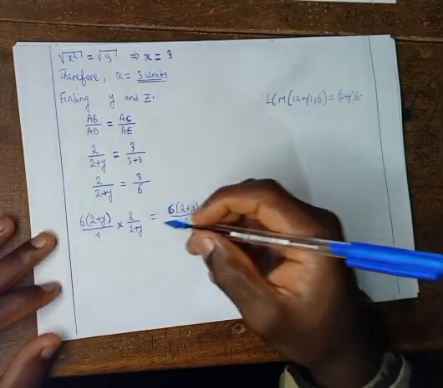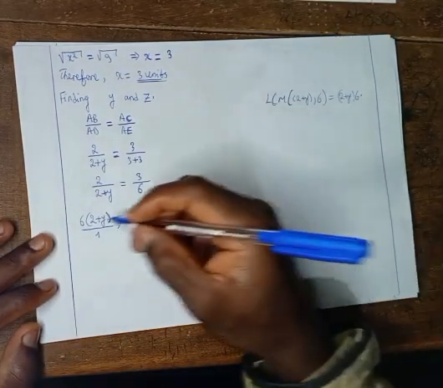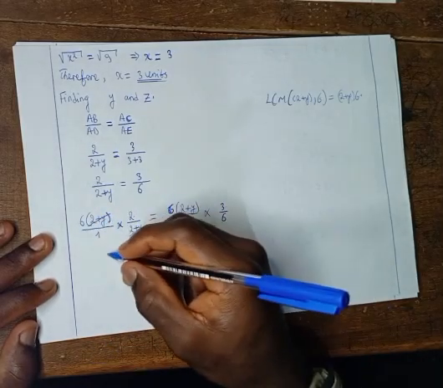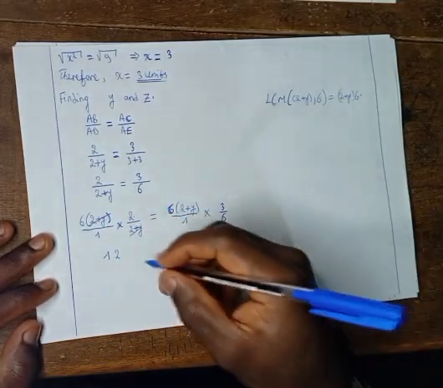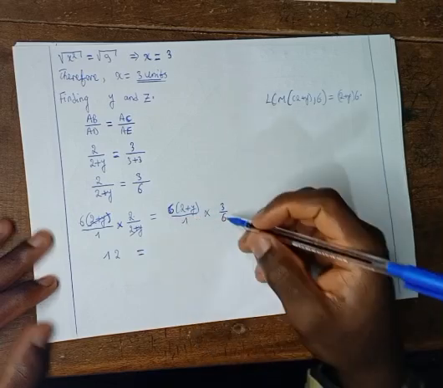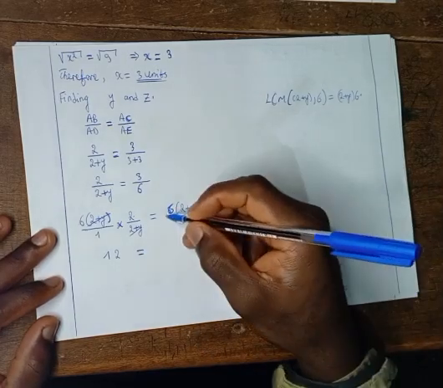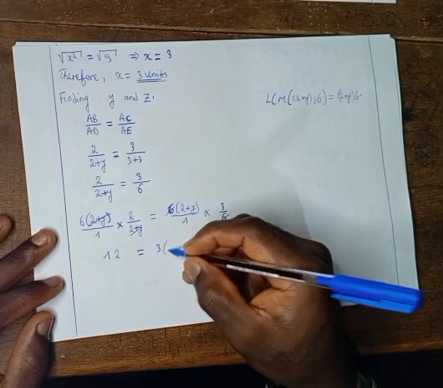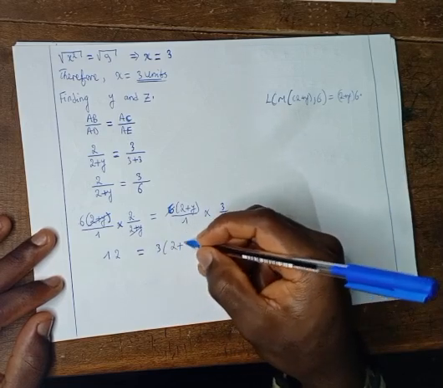So this will simply give us, 2 plus Y will cancel 2 plus Y here. This will give us 6 times 2, which is 12. 12 will simply be equal to, this 6 will cancel this 6, it will be left with 3 times 2 plus Y.